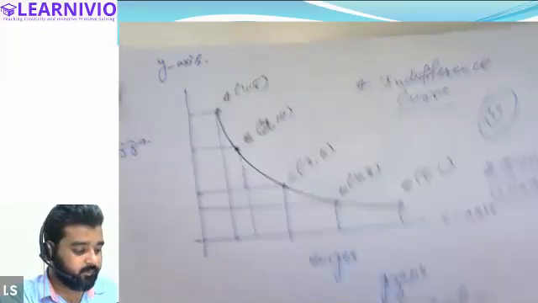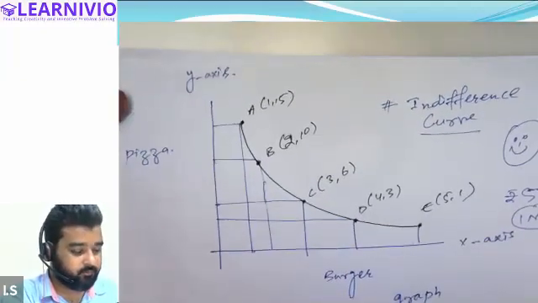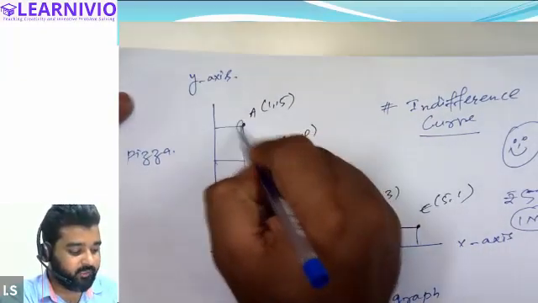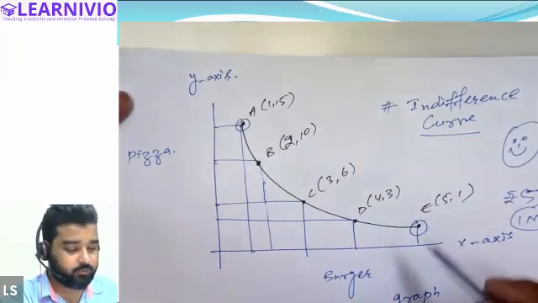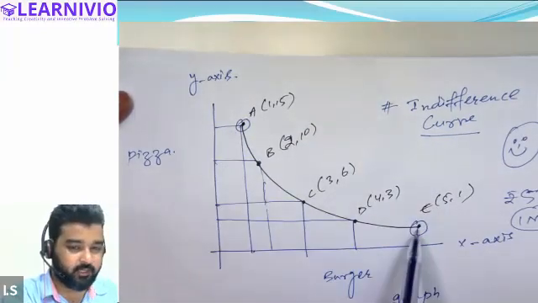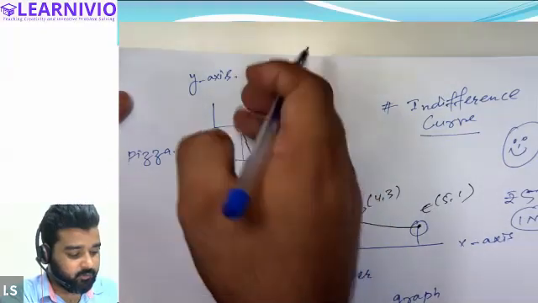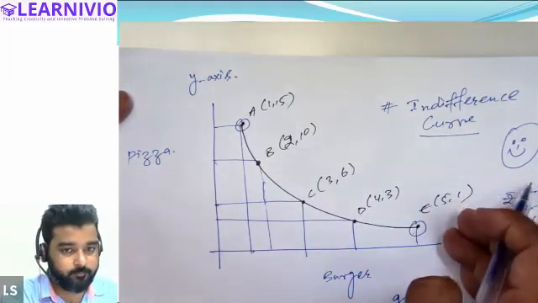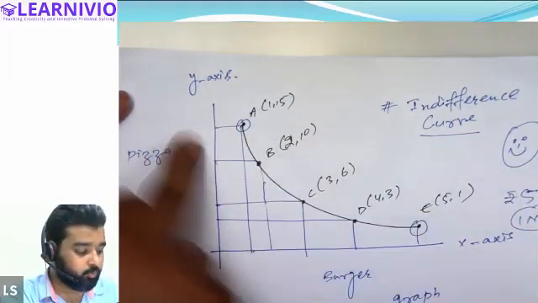See, when we draw the indifference curve, it starts from point A and moves to point E, right? So it starts from here, ends here. It is moving downward from left to right. Why?